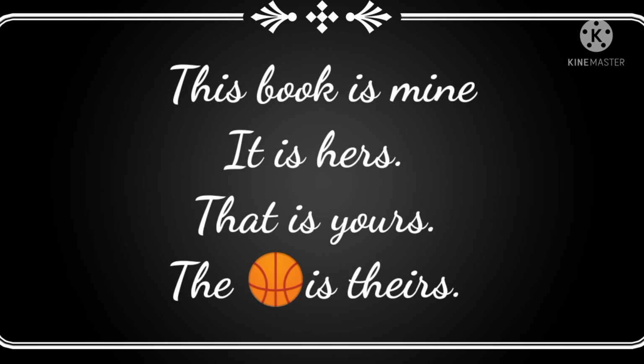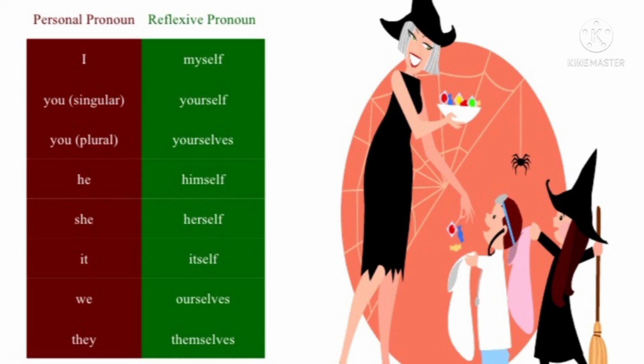You might have understood the connection between the personal pronouns and possessive pronouns, because these possessive pronouns are almost derived from personal pronouns. Emphatic and reflexive pronouns are the same pronouns. For the first person, it is myself.